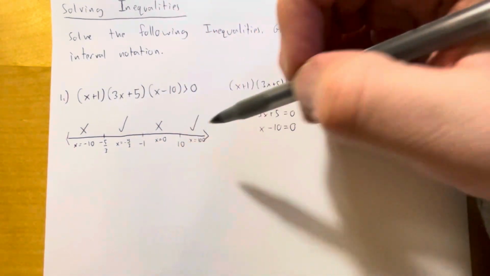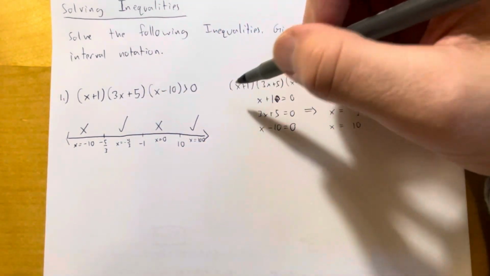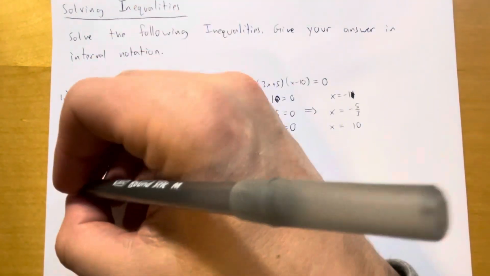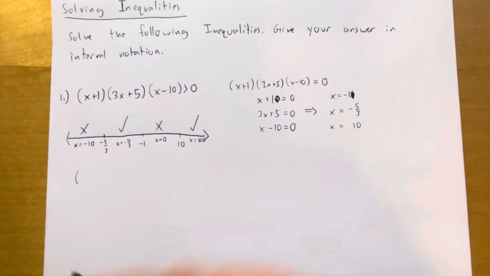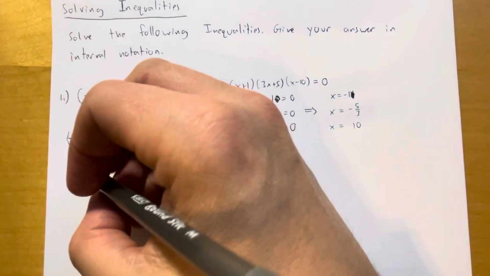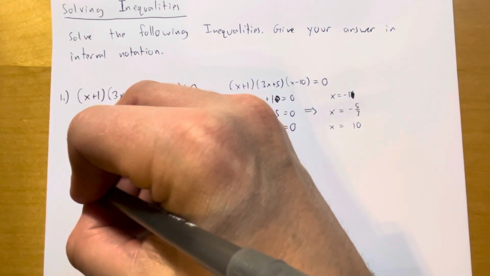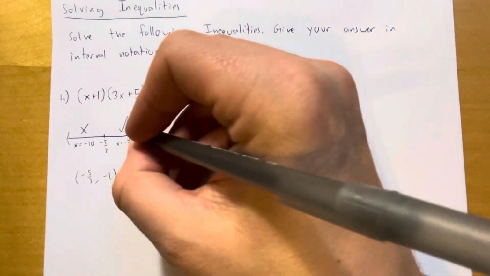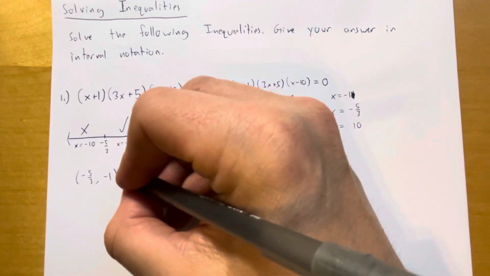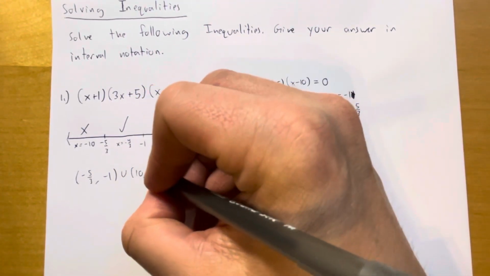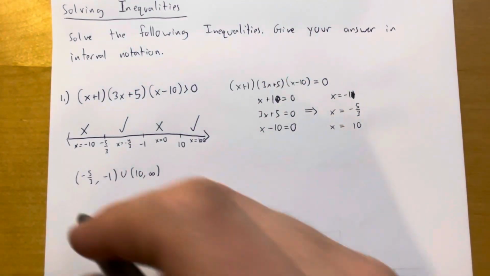So I have two intervals in my solution set, and I'm going to use a union to put them together. So -5/3 to -1, notice that interval is right here, union 10 to infinity. That's the other one.